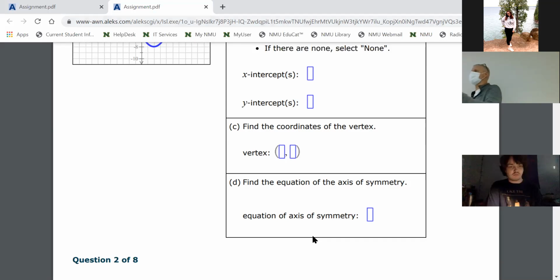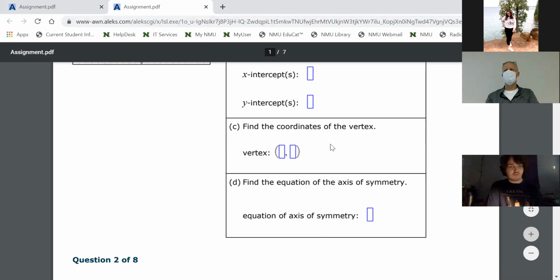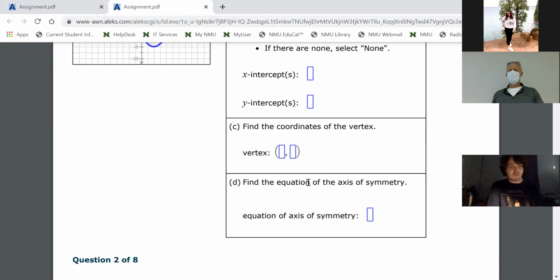Your axis of symmetry is a vertical line running through the vertex. Okay, so all you got to do is just read the graph and put in what you're putting in. The rest of them are more about just, here, graph this. Graph it. Okay, but before we get to an actual graphing, there's a couple of other things I want to do.